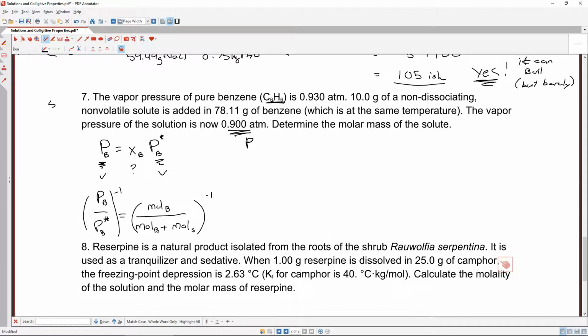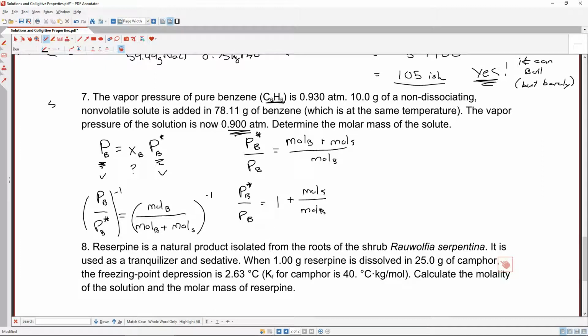So I get P star B over PB is equal to mole B plus moles of stuff over moles of B. Now we have a binomial over a monomial, so P star B over PB is equal to, we can divide each term, 1 plus mole of S over mole B, right? Easier to calculate.